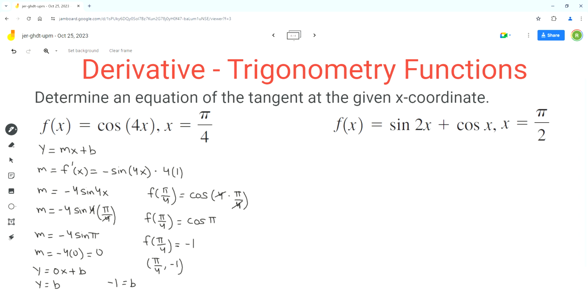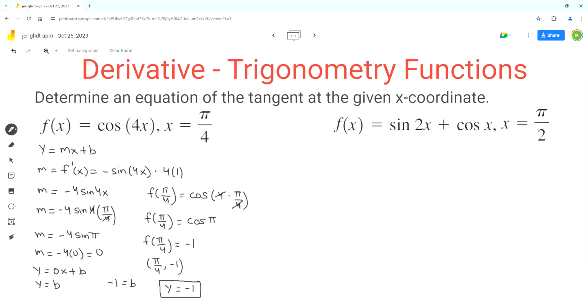So the b value is -1. So that means the equation of the tangent is y equals -1. This should be the final answer for the first function.